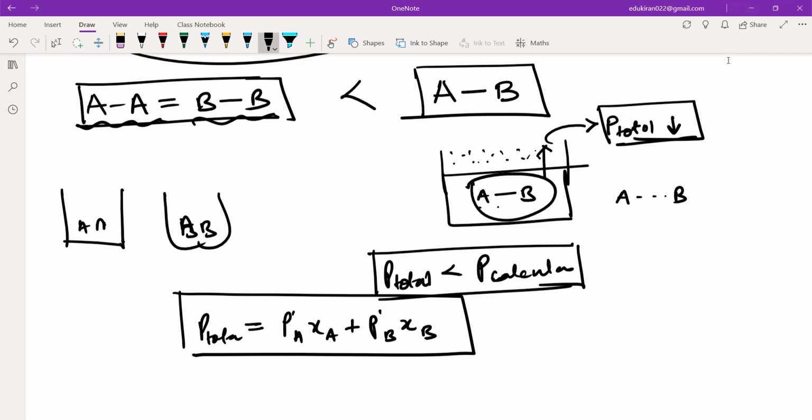We are seeing this individually. But if there is some kind of attraction between the solute and solvent which is exceptionally higher, then it is going to create problems, and the measured P total will not be equal to the calculated one. Is it clear how this P total can be different? Yes, sir. Clear.